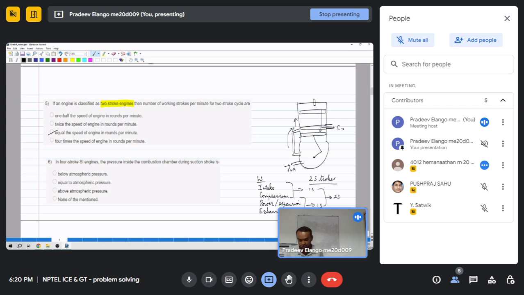In a four-stroke SI engine, the pressure inside the combustion chamber during the suction stroke is: below atmospheric pressure, equal to atmospheric pressure, above atmospheric pressure, or none of the mentioned. So above the atmospheric pressure. How?